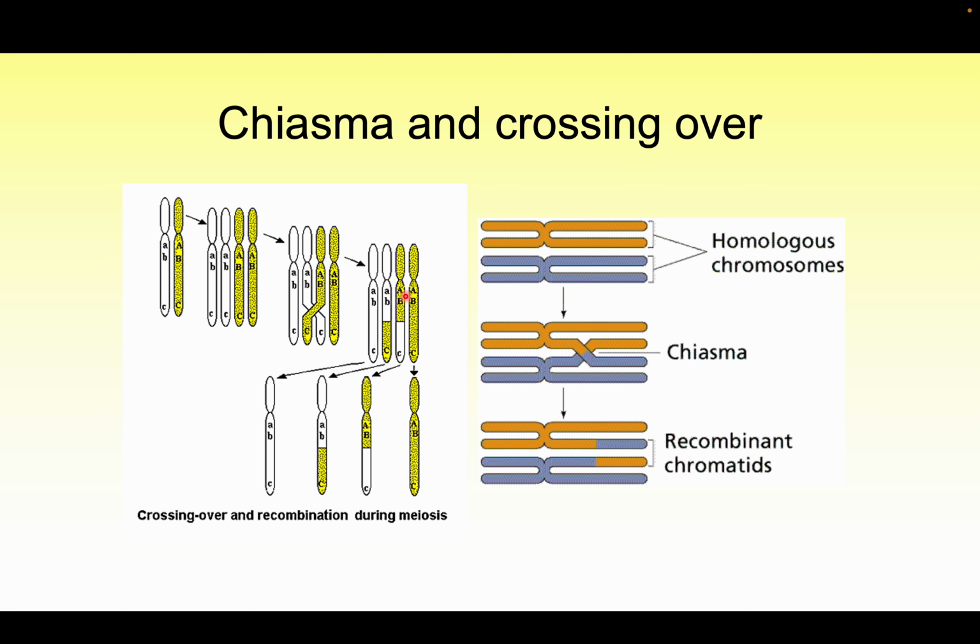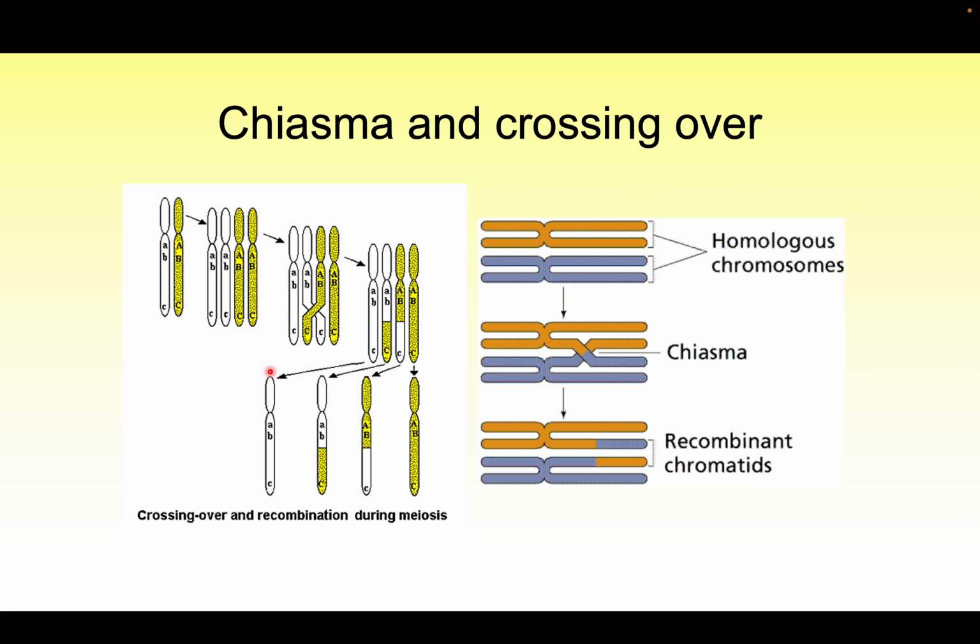So you expect that later on, after meiosis 1, the chromatids can now be called recombinant because there is a unique combination. There is crossing over and there's genetic exchange, DNA exchange, and the resulting chromatids have very different genetic constitution.